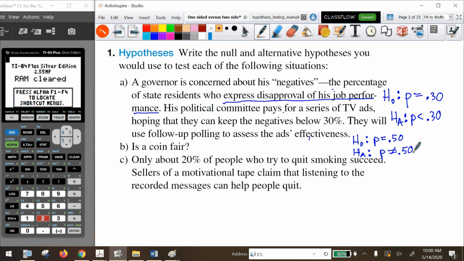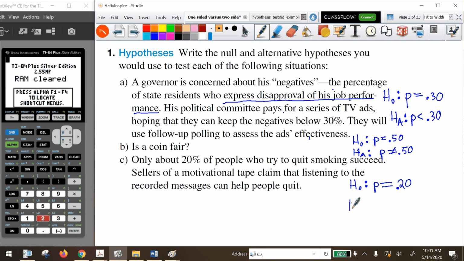All right, another situation. Only about 20% of people who try to quit smoking succeed. Sellers of a motivational tape claim that listening to the recorded messages can help people quit. So if we set p as the proportion of people who try to quit smoking that actually succeed, our null hypothesis is that it remains unchanged, and the proportion of people that actually succeed is only 20%.